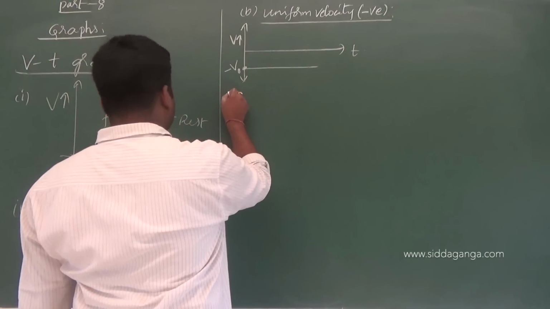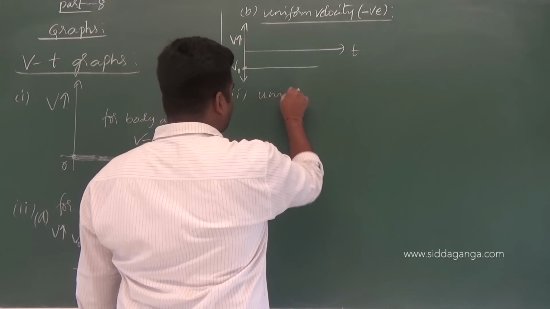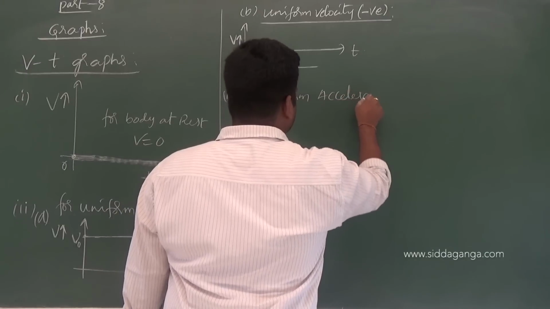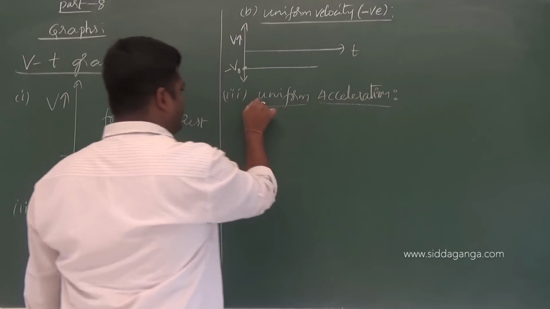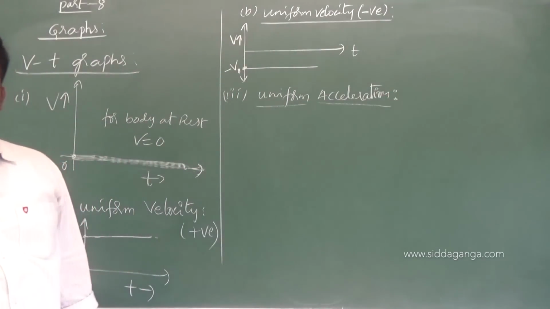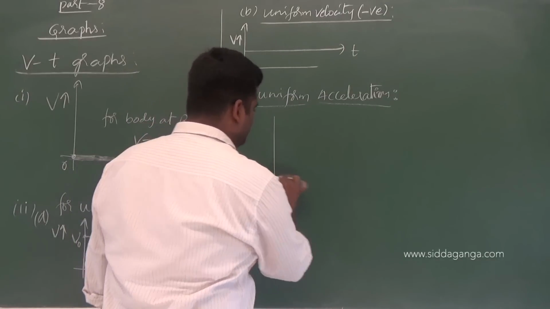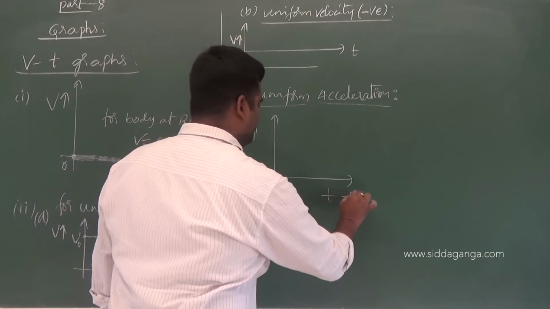Next one, uniform acceleration. For a body moving with uniform acceleration, how do we need to plot the graph? This is velocity and time.